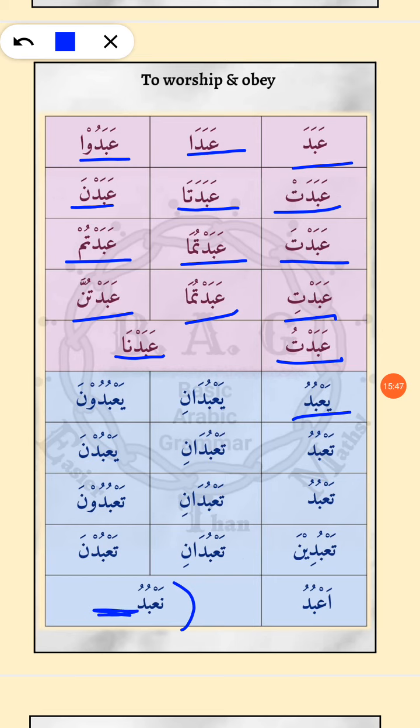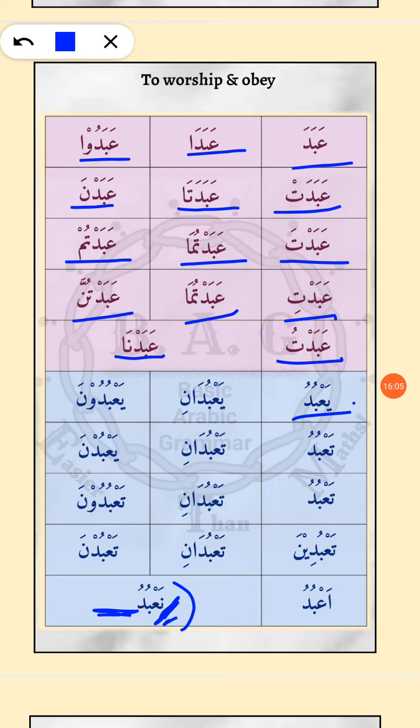But you do see that this has the prefix of na, which means we. So what did you have to do to convert it into the huwa version? You simply had to replace this na with ya. So you get ya'budu from na'budu.